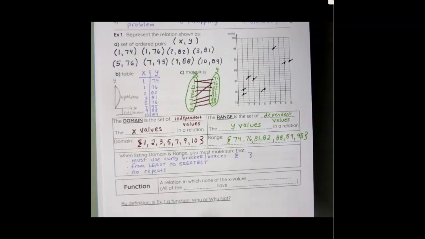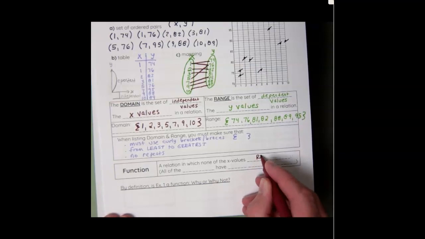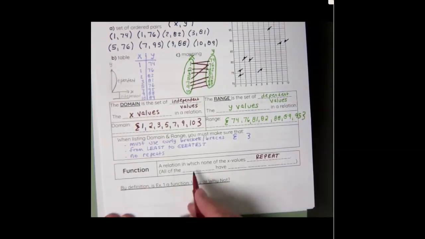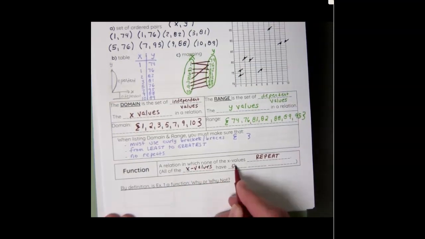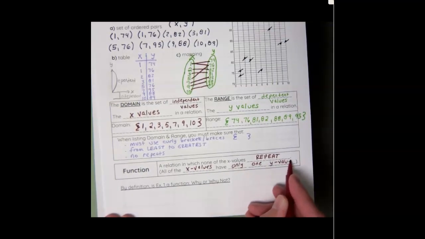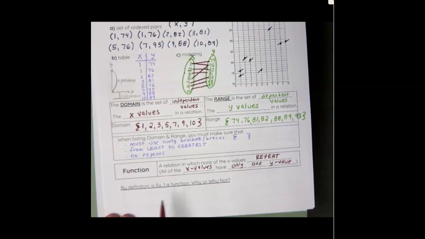So now, specifically getting into this, a specific type of relation is called a function. So a function is a relation in which none of the x values repeat. Another way of phrasing that is all of the x values have only one y value. So let's take a look at example 1. It says, by definition, is example 1 a function?